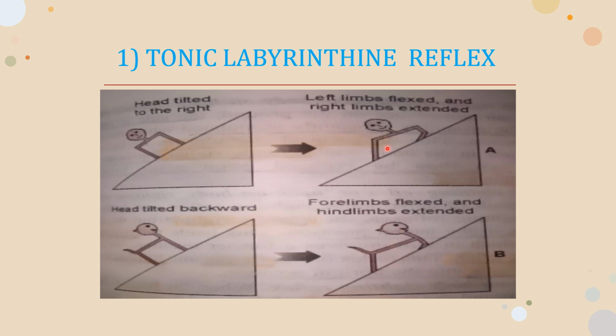The body changes its position in this way to maintain gravity and balance. When the head is tilted backward, the forelimbs will be flexed and hind limbs will be extended. So this is on an inclined plane.